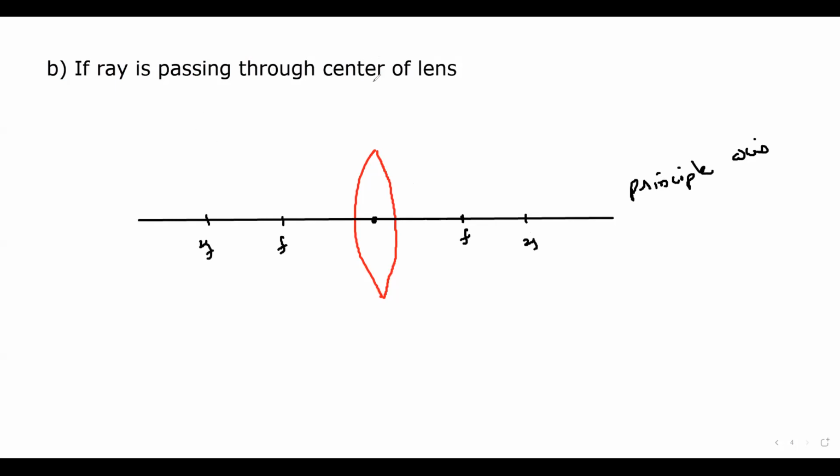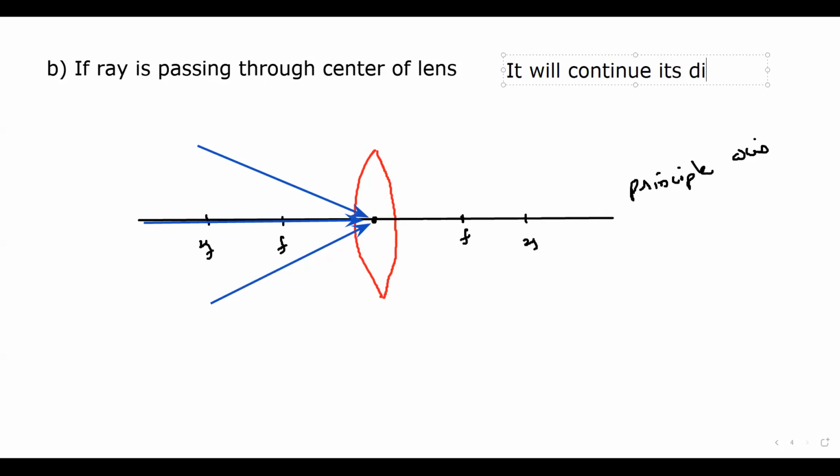So if the ray of light is passing through the center of the lens, what will we observe? Like if any ray is passing here, or passing along the principal axis, what is the observation? It will continue its direction.